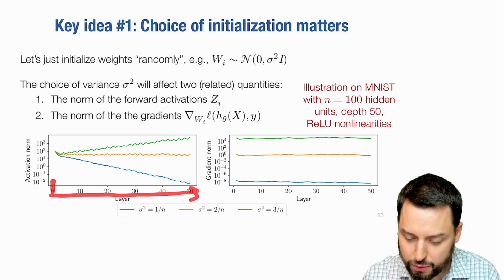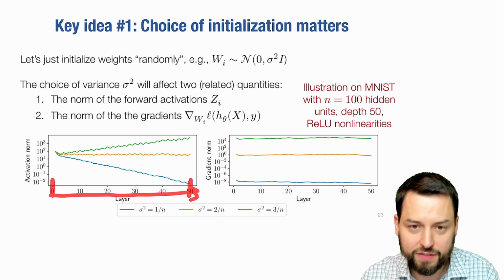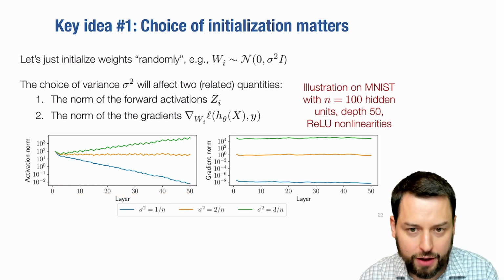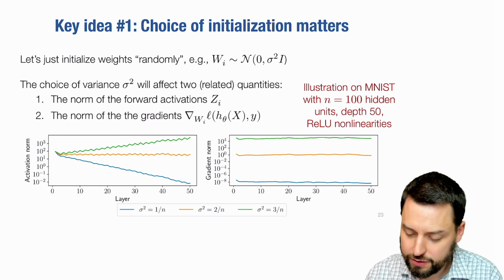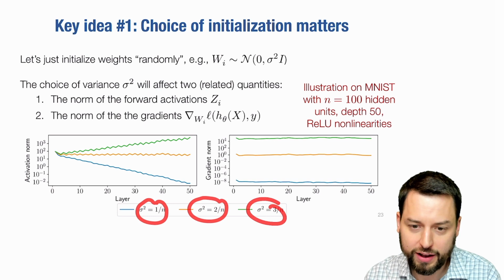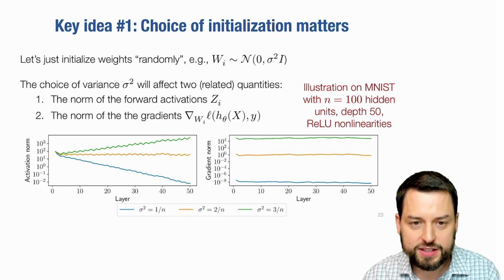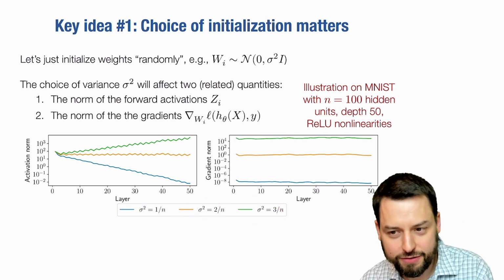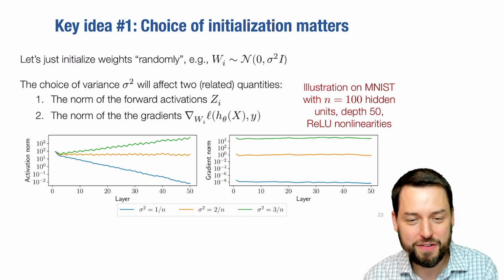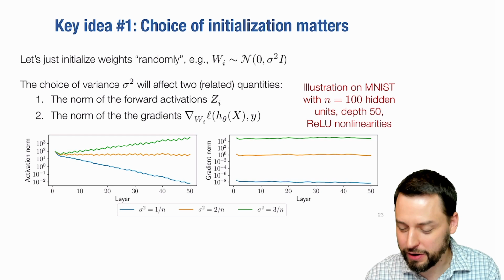This term here would be the first layer, and this term here would be the 50th layer. I'm showing this for 3 different values of our variance: 1 over n, 2 over n, and 3 over n. And we find that this choice of variance leads to very different behavior of our networks.